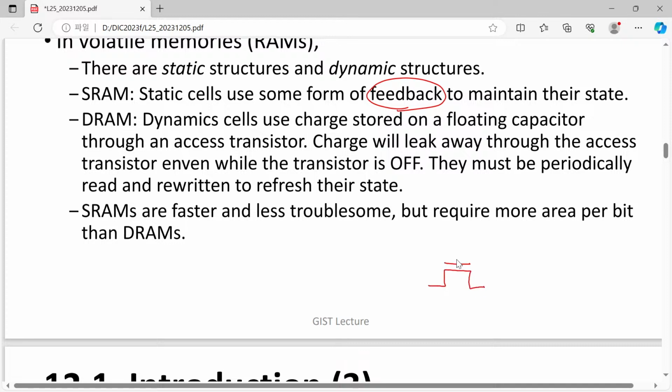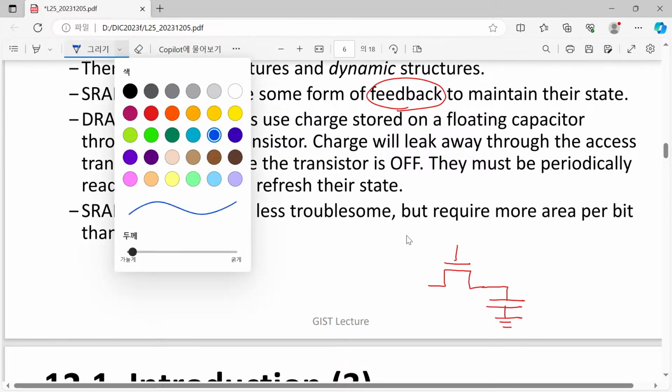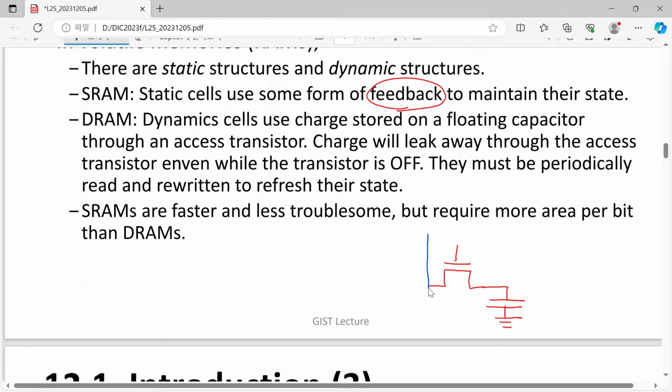Here we have one access transistor, and here we have one capacitor. Later you will find that this is quite common for our memory array. There is one line running vertically and another line running horizontally.